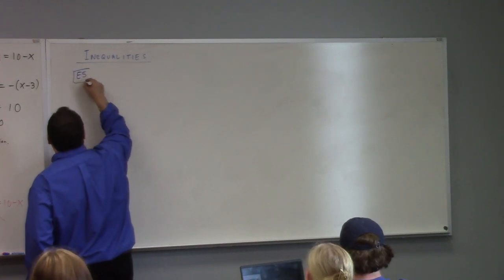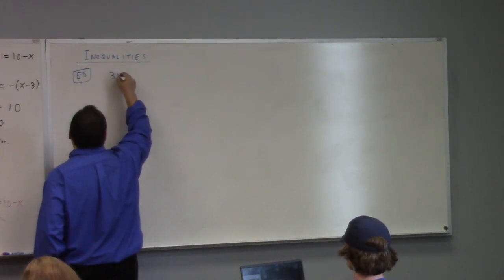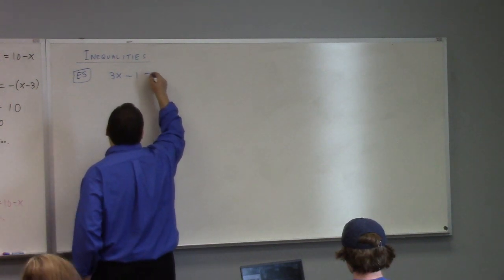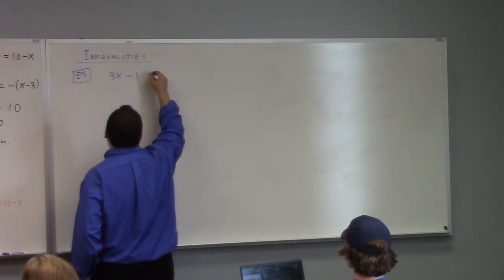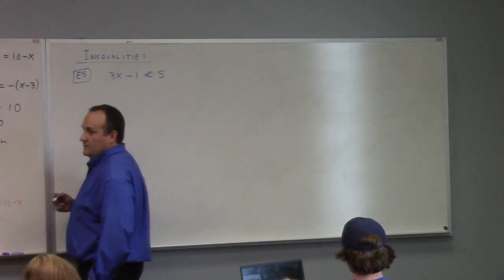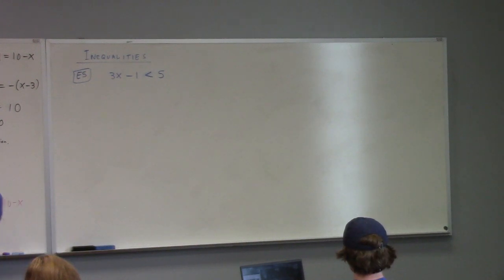Example 5. Suppose you want to solve the inequality 3x minus 1, not equals 2, inequality, right? Less than 5. To solve an inequality, we have to give the set of all x which make this inequality true, right? So what can we do? We can add 1 to both sides.